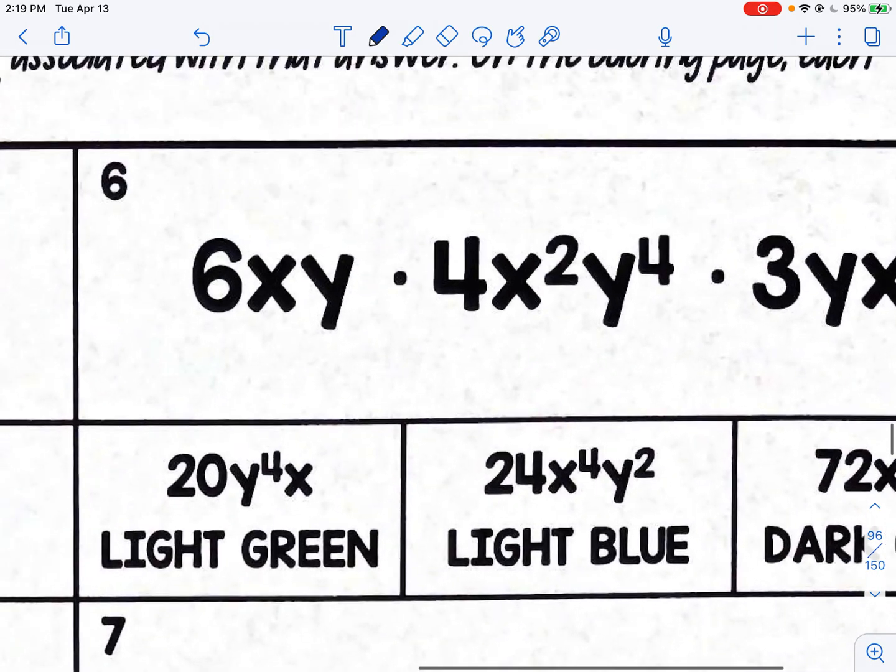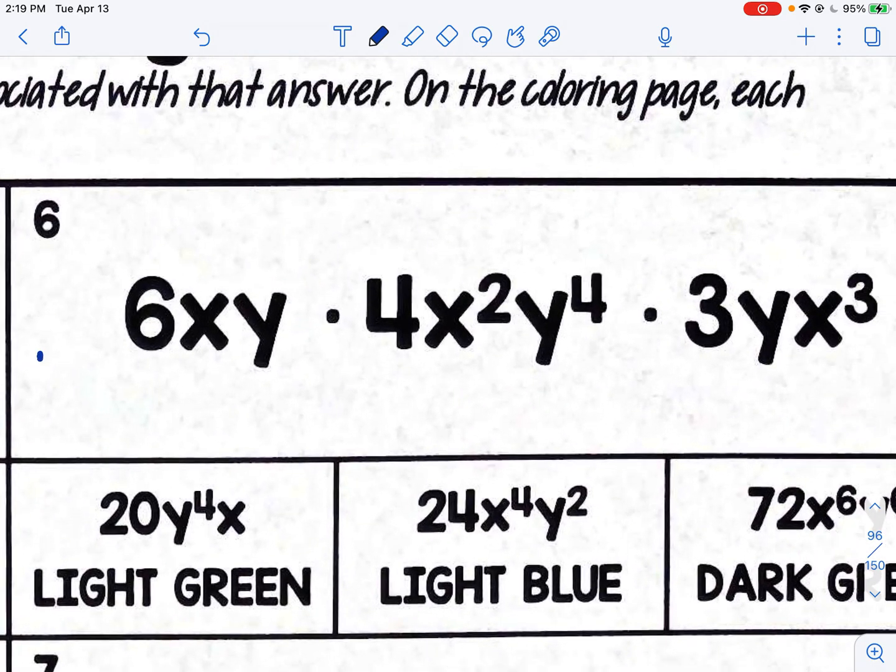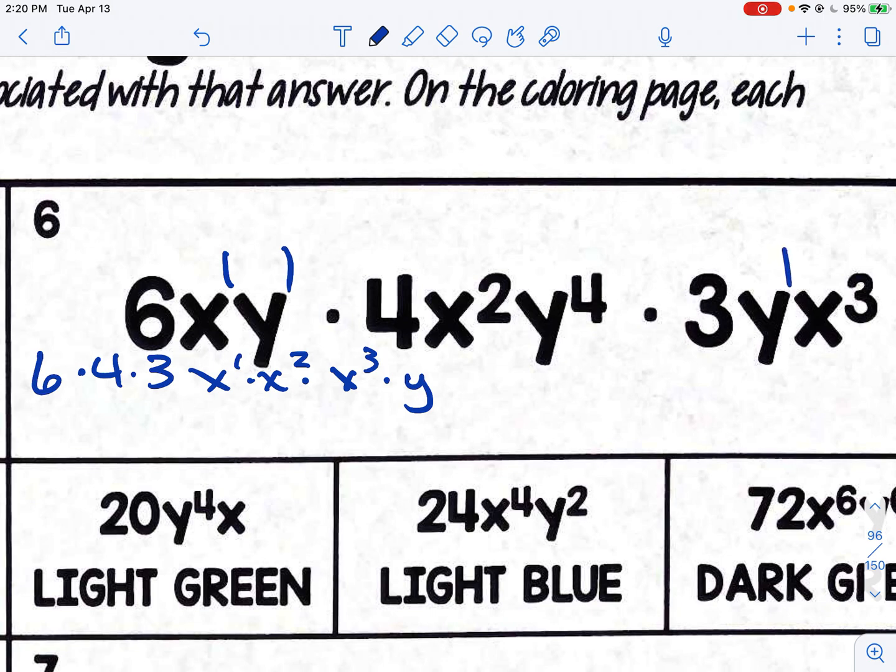Okay. Number 6, I have 6 times 4 times 3, x to the 1st, x to the 2nd, and x to the 3rd. Remember these have 1s there. This has a 1 there. I have y to the 1st, y to the 4th, and y to the 1st.